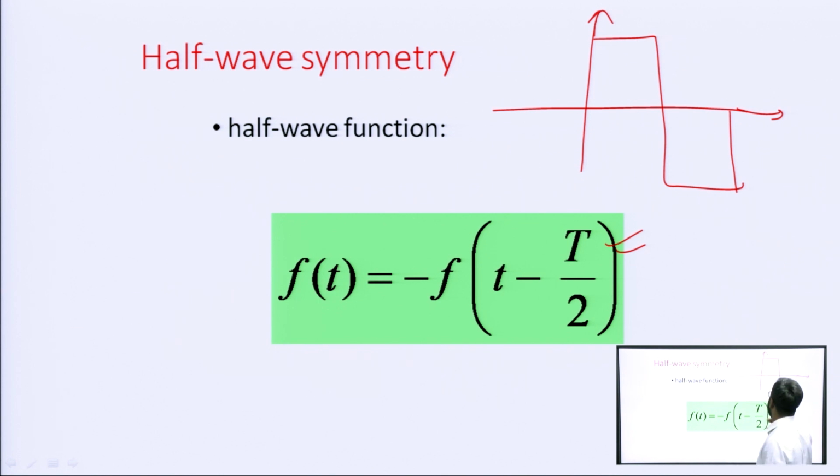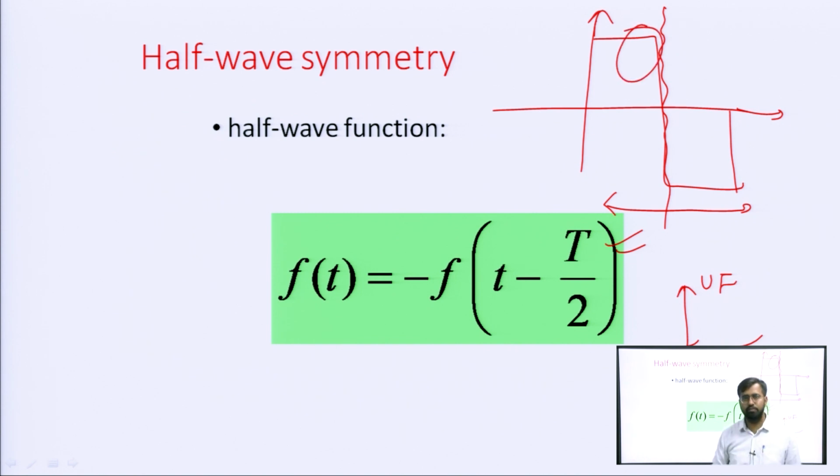Just remember one thing, suppose you are having one signal or any function, do this: use the axis as a mirror, fold it to the left, then fold it upward, means one left folding and one upward folding. If by doing this you are getting the same signal, then that is the shortcut for telling that it has half wave symmetry.